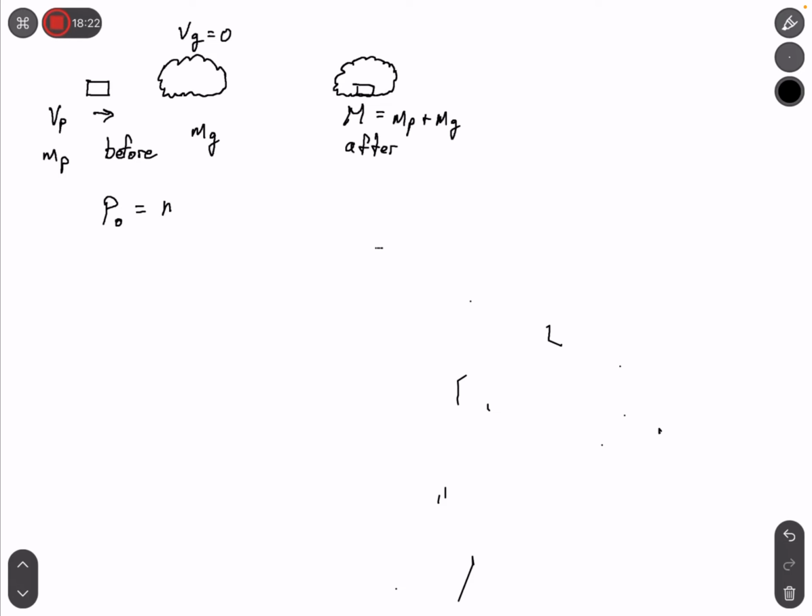And so then we're left with the initial is the mass of the puck times the velocity of the puck. So great. After, in order for us to maintain conservation of momentum, we do the same thing. But now we have our total mass, because they're all together, and that is going to be our V final.